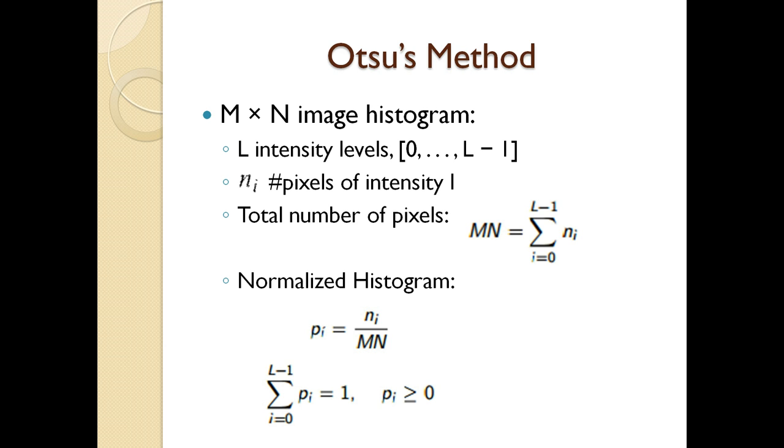And the total number of pixels, mn, is given by the sum from i equals 0 to L minus 1 of n sub i. And then the normalized histogram is equal to the sum of p sub i, i equals 0 to L minus 1, which is also equal to 1. And those formulas are written there.